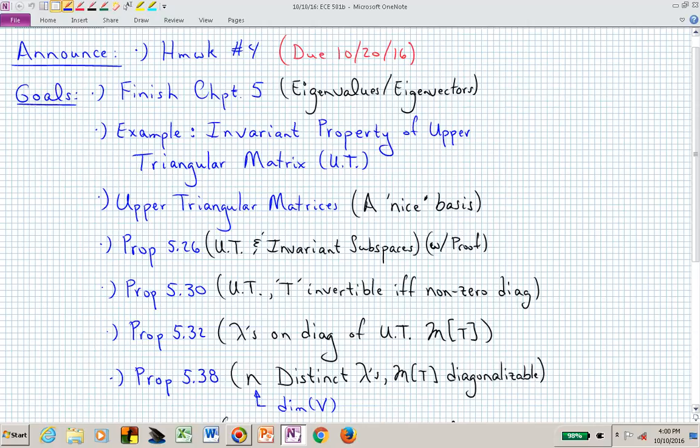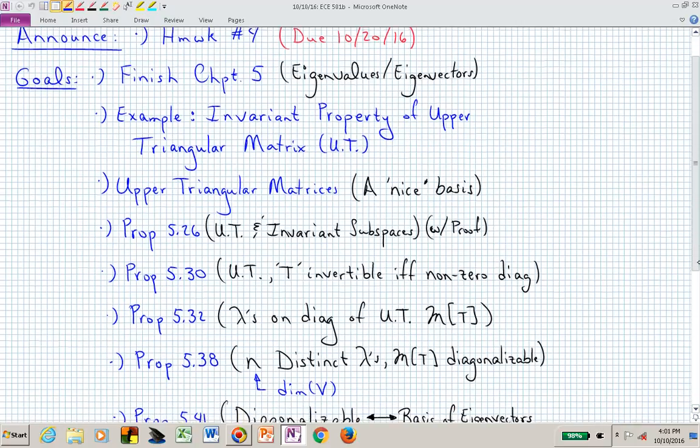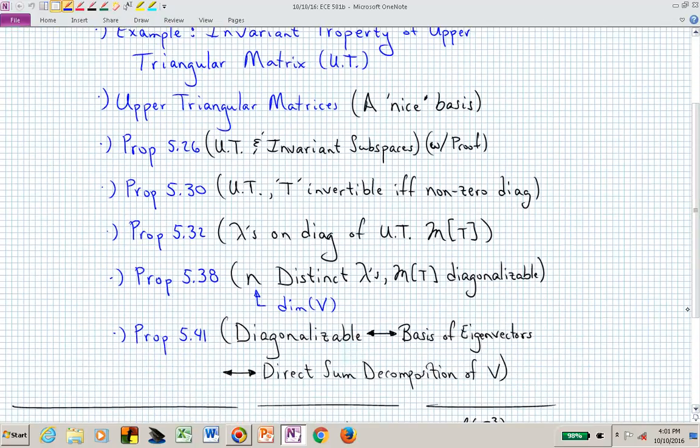And what I want to do today is talk about mainly upper triangular matrices. You may already be very comfortable with this from a linear algebra perspective or from previous experience, but we'll list a fair number of propositions or theorems related to upper triangular matrices.